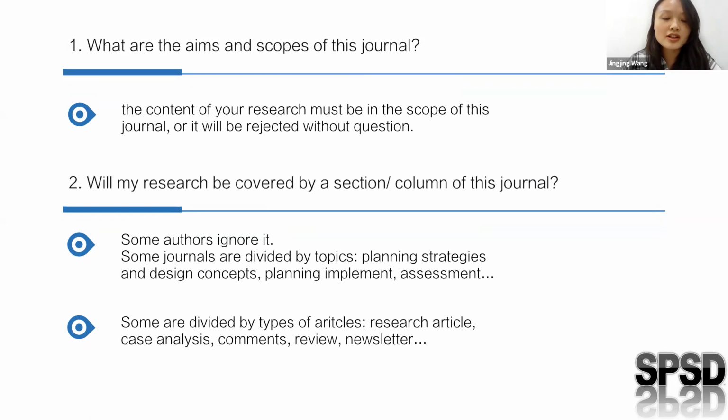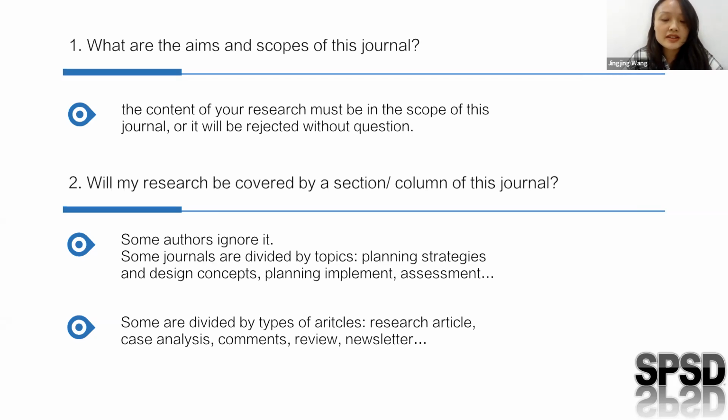We have sections of planning strategies and design concept, planning implement, and planning assessment like this. And some journals are divided by types of articles, like research article, case analysis, comment, or newsletters. So make sure what your article is oriented at.